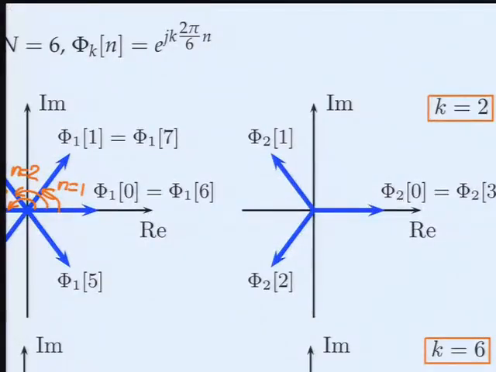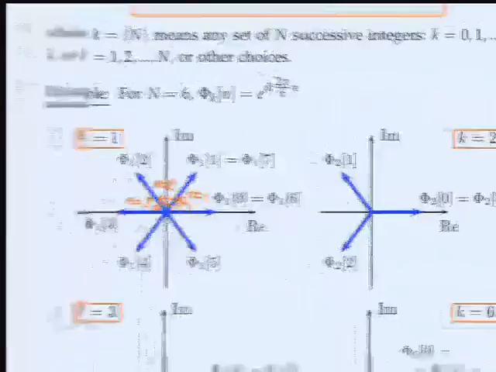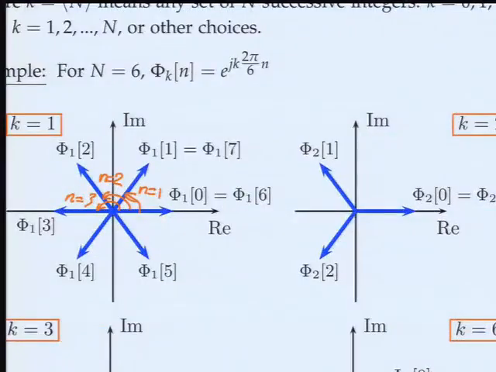At time equal to 0, the angle is 0, so we have a real number 1. At time equal to 1, we flip by 120 degrees, so it's a complex number. Time equal to 2, it becomes 240. Time equal to 3, back to where it started. Since it's periodic with period 3, it's also periodic with period 6. So are you convinced these are two distinct functions?